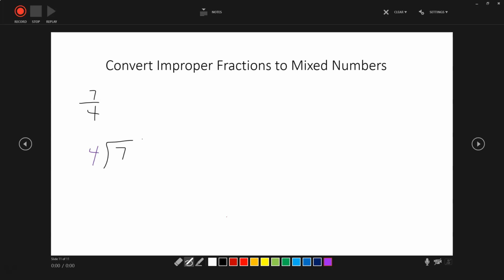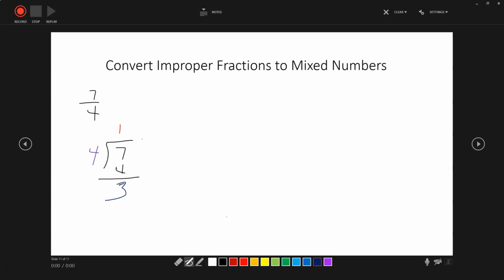So 4 goes into 7 how many times? 1 time, right? Then we have 4. 1 times 4 is 4. And then we have 3 remaining.